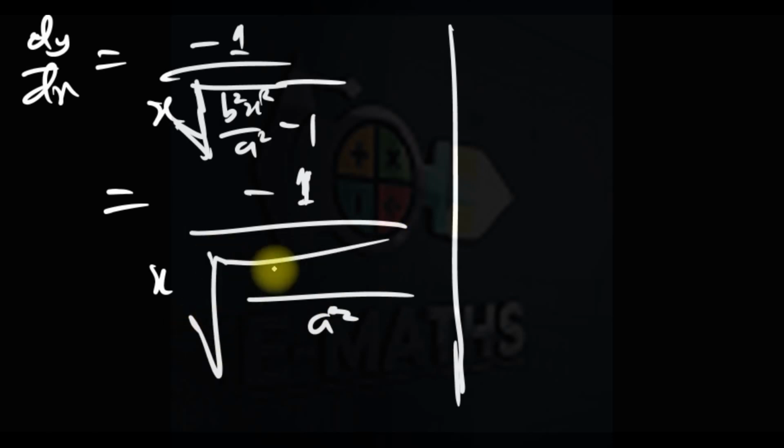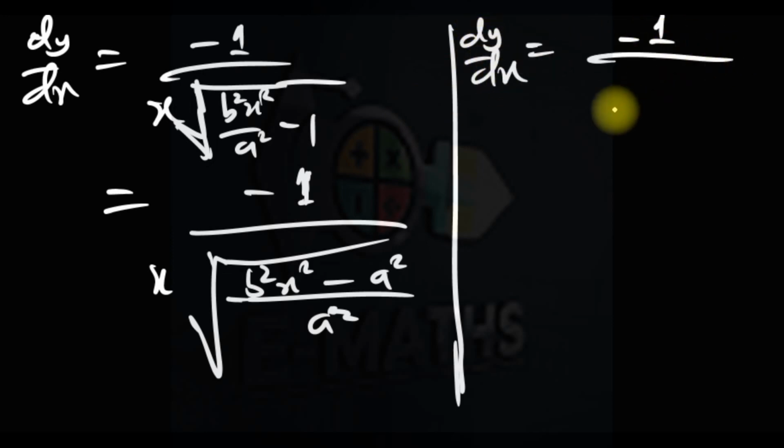So which is minus 1 over x. The LCM is a squared, so the square root of b squared x squared minus a squared, over a squared. You get a squared in a squared is 1, and the square root of a squared is a.